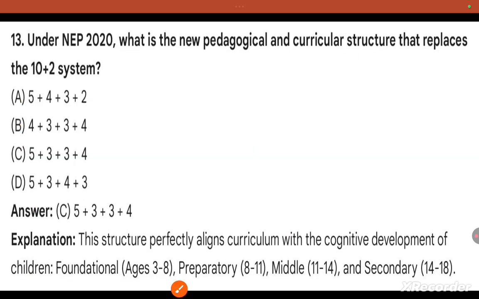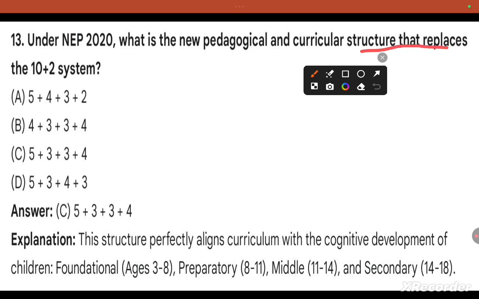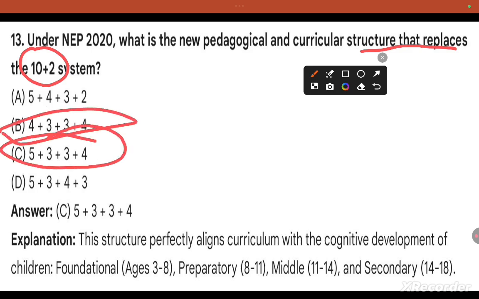Question number 13. Under NEP 2020, what is the new pedagogical and curricular structure that replaces the existing 10 plus 2 system? A. 5432, B. 4334, C. 5334, D. 5343. The answer is C, 5334: foundational, preparatory, middle, secondary.